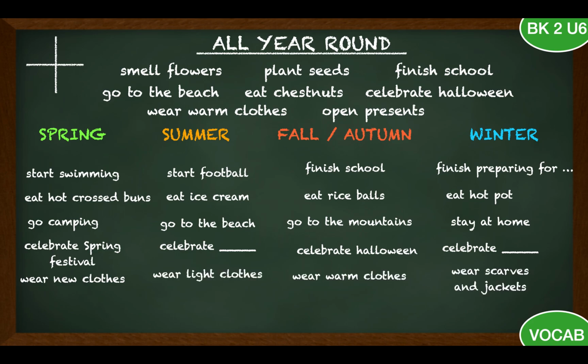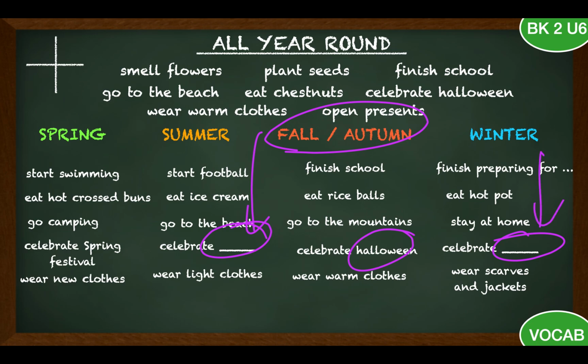Celebrate whatever. Now the idea, of course, is for students to be able to substitute anything that you want them to. So we're only going to celebrate Halloween in the fall and the autumn, but we're going to celebrate different festivals in the summer, different festivals in the winter. We're also going to eat different things in different seasons. So make sure that the students are able to then use their vocabulary that they already know, as well as plug it into this new vocabulary here.